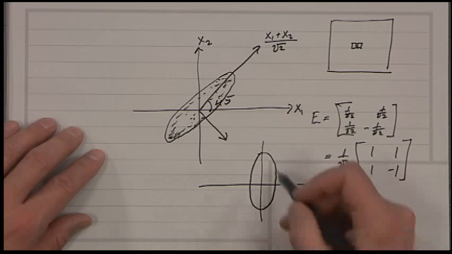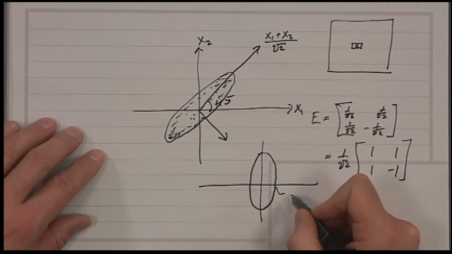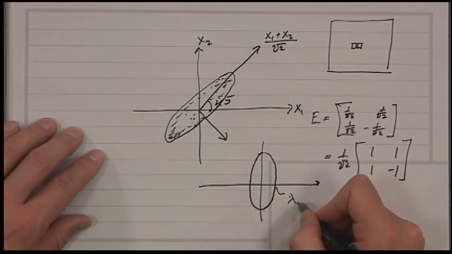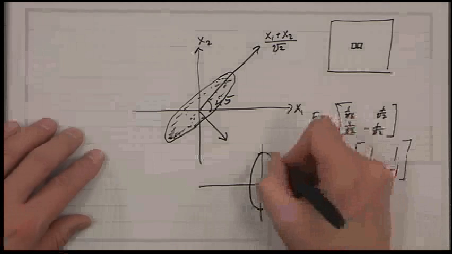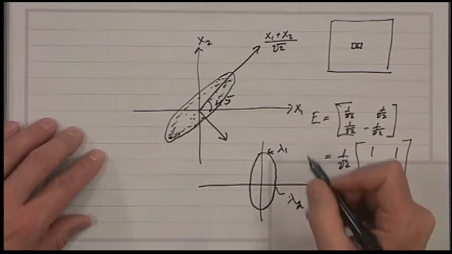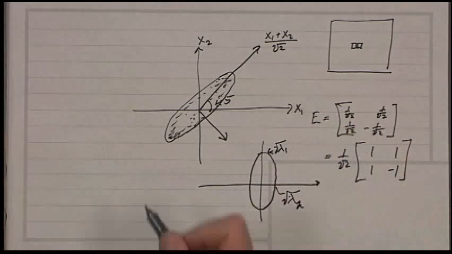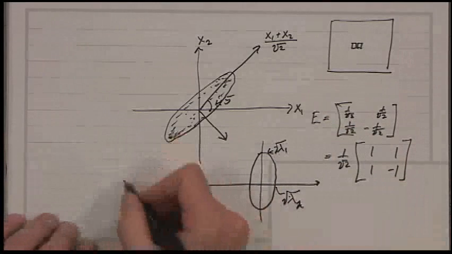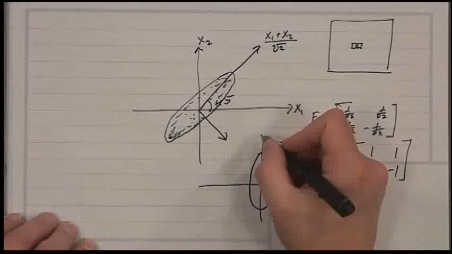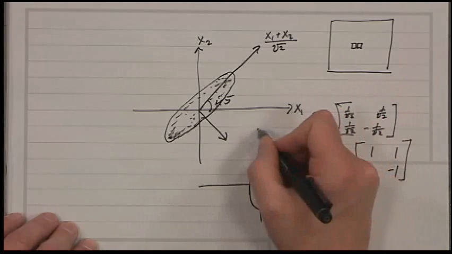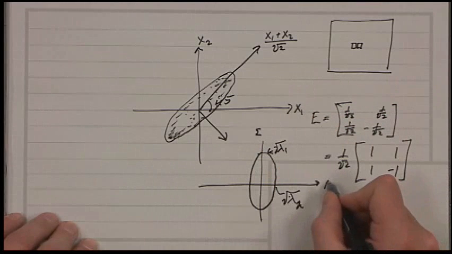And now the eigenvalues, you get here lambda 1. Actually, that's a little weird. I should have called it lambda 2, and this is lambda 1, and this is the square root. So the interpretation is that when you apply this transform, this will be the sum of the pixels, and this will be the difference of the pixels.